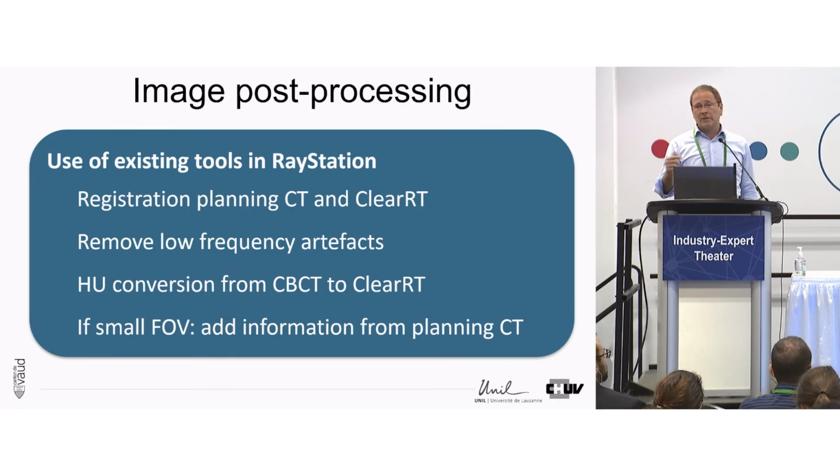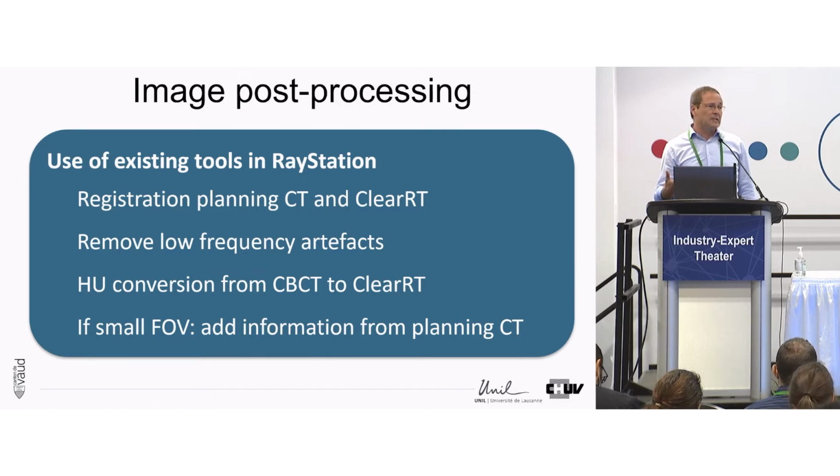This is not always necessary, but it can be. The tool also removes the low frequency artifacts. And then there's a conversion of the Hounsfield units so that we can use the ClearRT for doing the dosimetry.